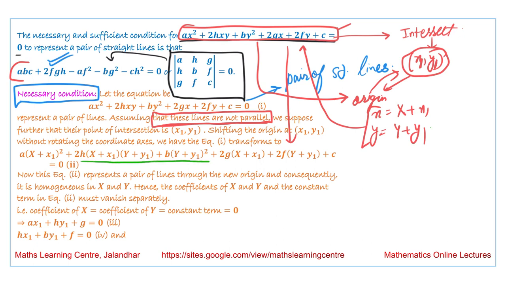This is the new transformed equation in the new coordinate system, where the origin is shifted to the point x1 y1.